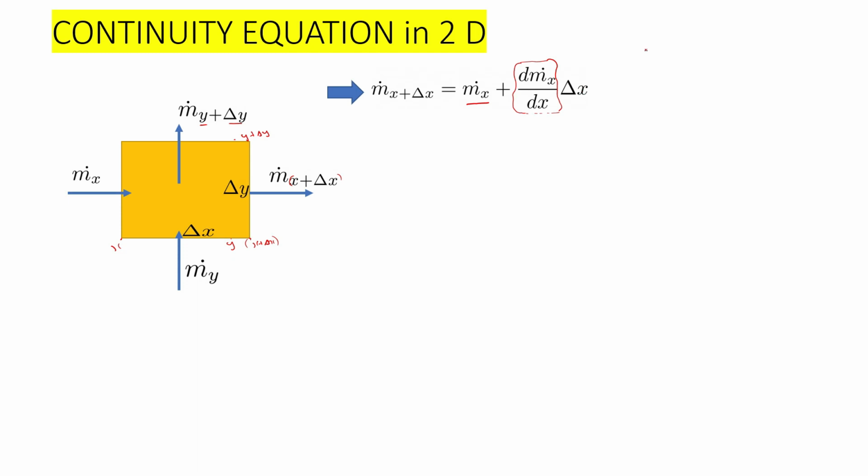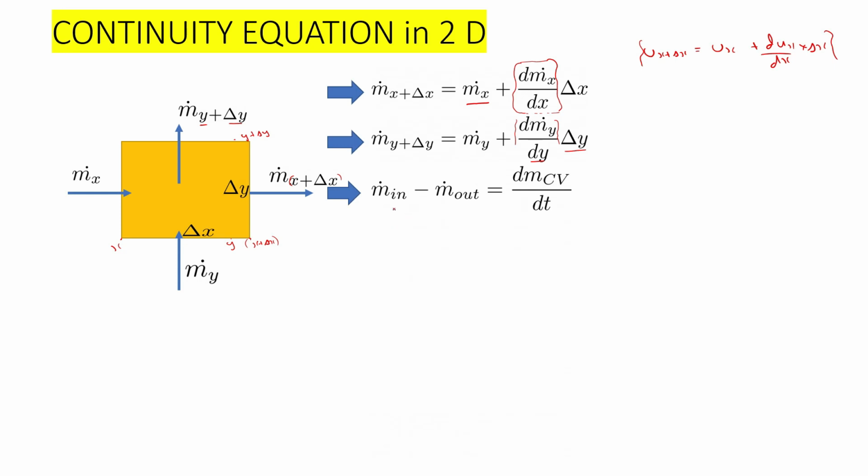You can write this for almost all variables, that is ux plus delta x is equal to ux plus dux by dx into delta x, like this. And similarly, m dot y plus delta y is equal to m dot y plus dm dot y by dy into delta y, just like the earlier case.